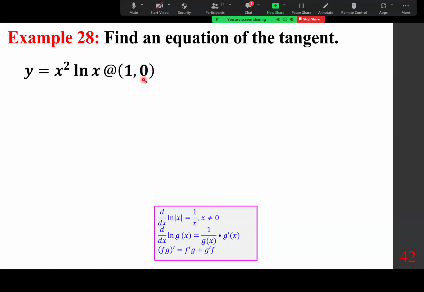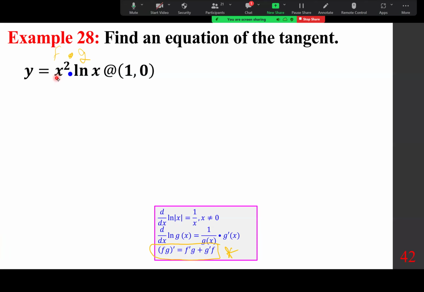You need this slope. To find this slope, we are going to differentiate first, y prime or f prime of x. To do so, we notice this is x squared times ln x. We put a raised dot and we call this f times g, and we use the product rule. You learned that.